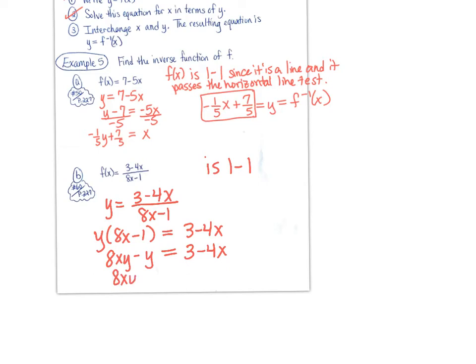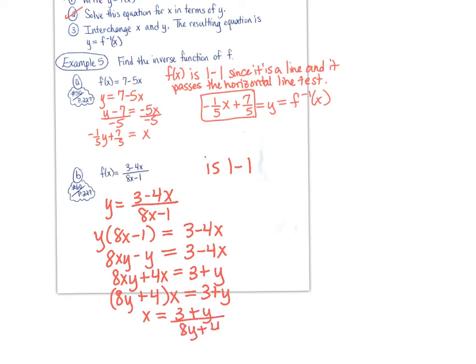So we have 8xy plus 4x equal to 3 plus y. Then let's factor out an x. That leaves us with 8y plus 4 times x equals 3 plus y. And we divide both sides by 8y plus 4. So we get x is equal to 3 plus y divided by 8y plus 4.